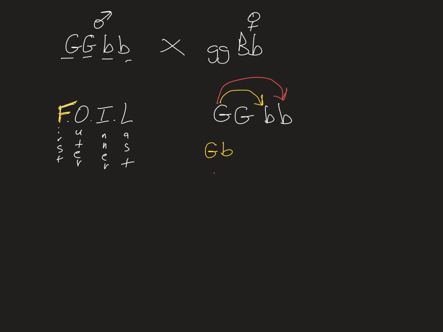The next is big G, little b. You see that? Big G, little b. That's your outer. Your inner would be big G, little b. And your last is going to be big G, little b.